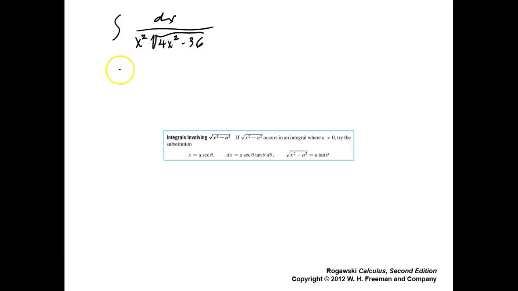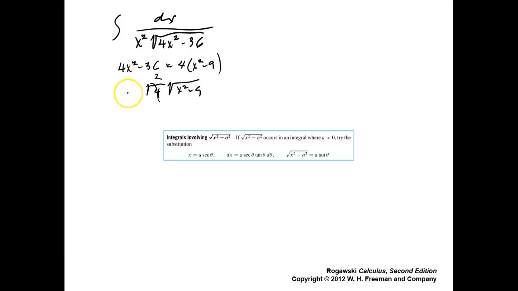Let's play around with this 4x squared minus 36. Can't we simplify that a little bit? What would that be? That'll be 4 times x squared minus 9. Perfect. So that denominator would be the square root of 4 times the square root of x squared minus 9. Well, that square root of 4 is 2.